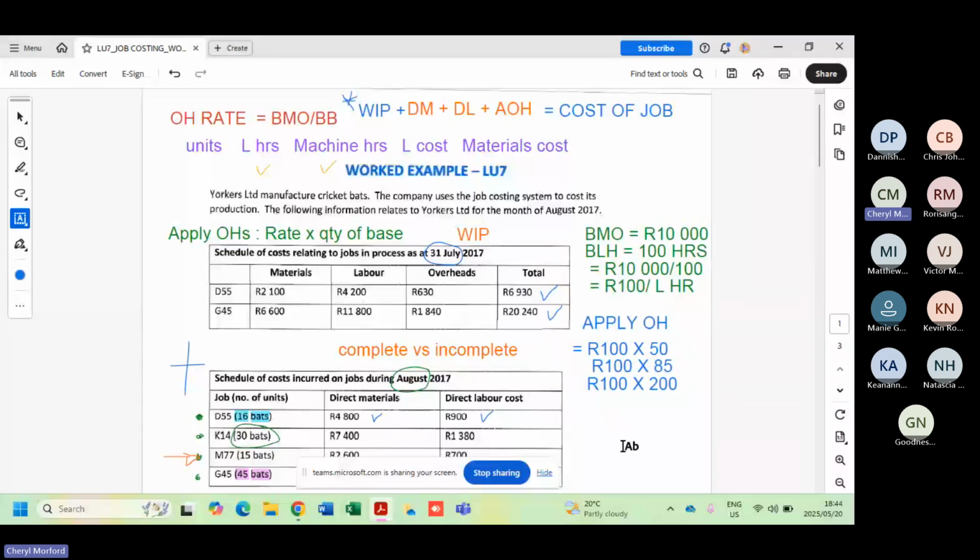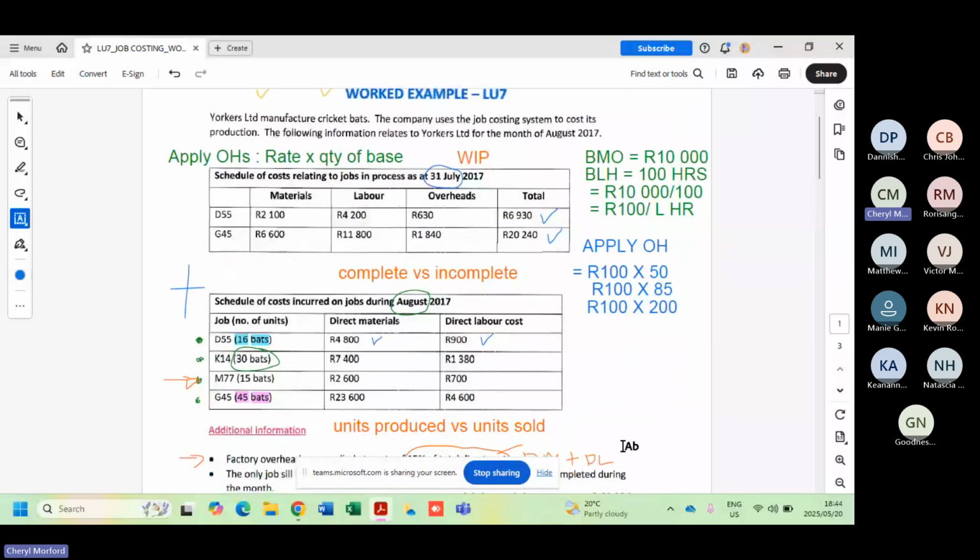So you see, we're taking the rates that we've worked out and multiplying by the number of labor hours. That's how we apply. We did the same thing here in our question, but on a different basis. Remember, it was 15% of the total direct cost. Right, so I think everybody is just going to really love this question.